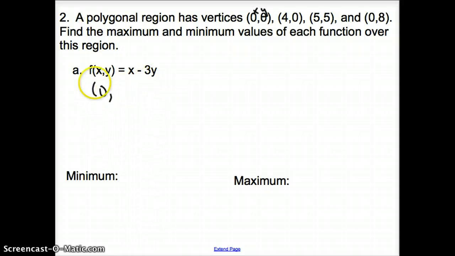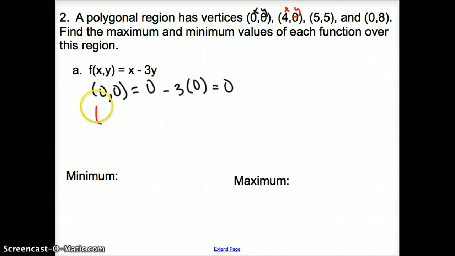So my coordinate point 0, 0, I'm going to put in 0 for x minus 3 times 0 for y to get 0. Next guy, again, I have a coordinate point. I have an x and I have a y. So my coordinate point 4, 0, I have an x here and a y here, so I'm going to just plug in my coordinate point.